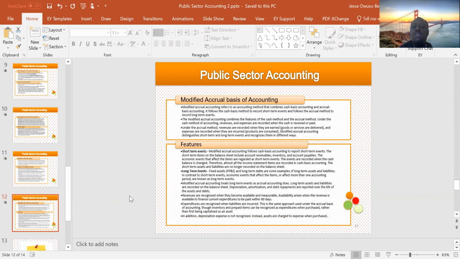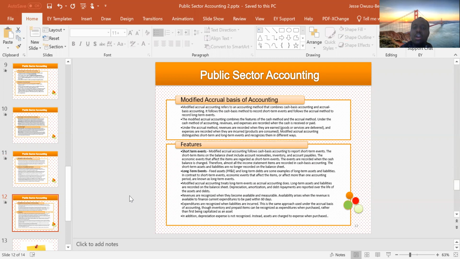Then let's move on to the modified accrual basis of accounting. This is an accounting method that combines the cash basis accounting and the accrual basis of accounting. It combines these two methods. Again, it follows the cash basis method to record short-term events and follows the accrual method to record long-term events.